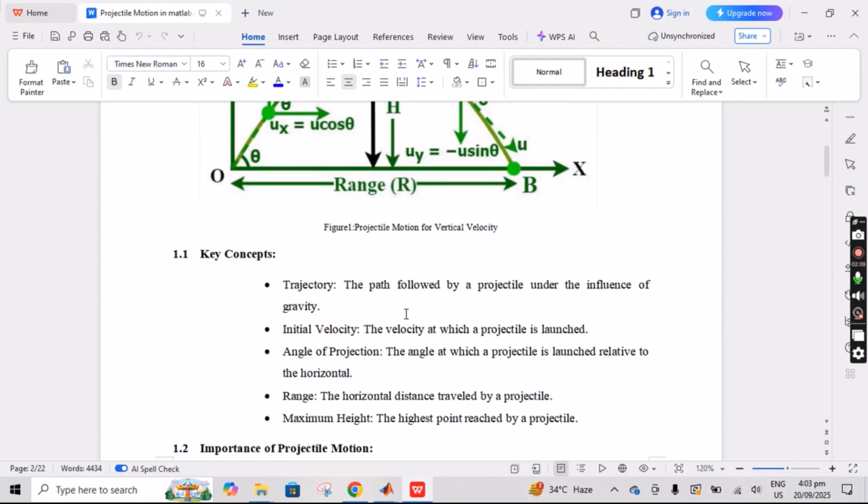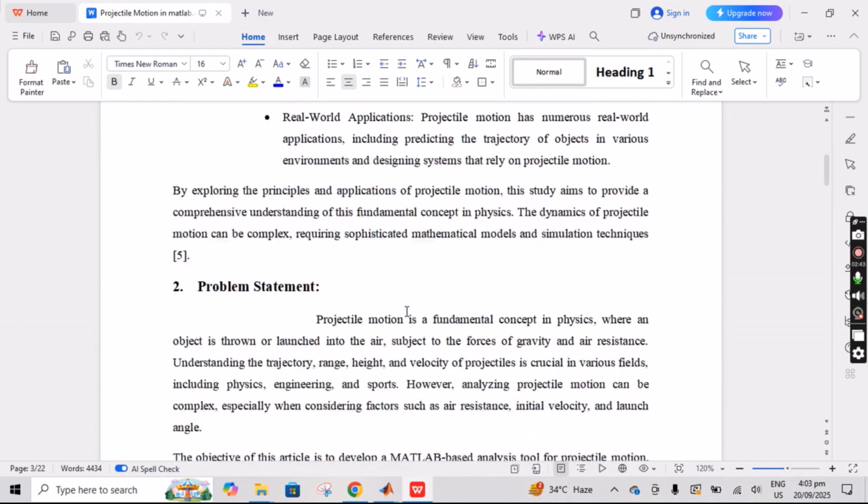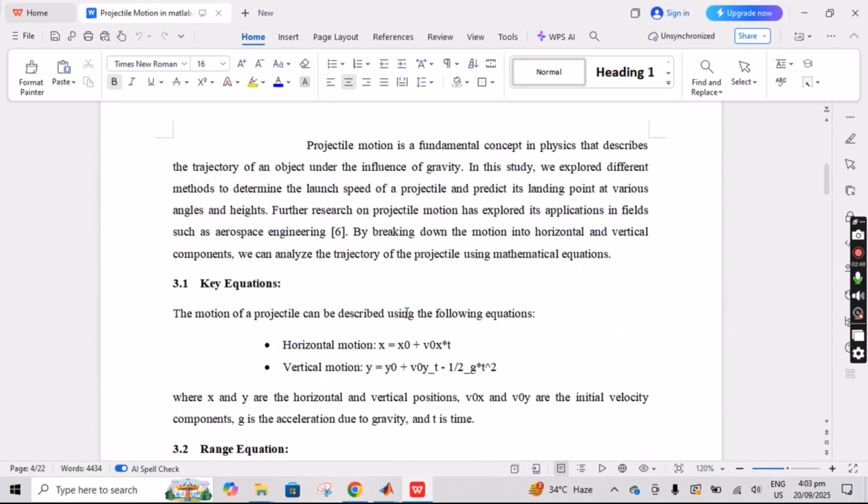I have added the key concepts according to the importance of projectile motion, along with the problem statement and the design methodology, in which I have used equations for horizontal motion and vertical motion.